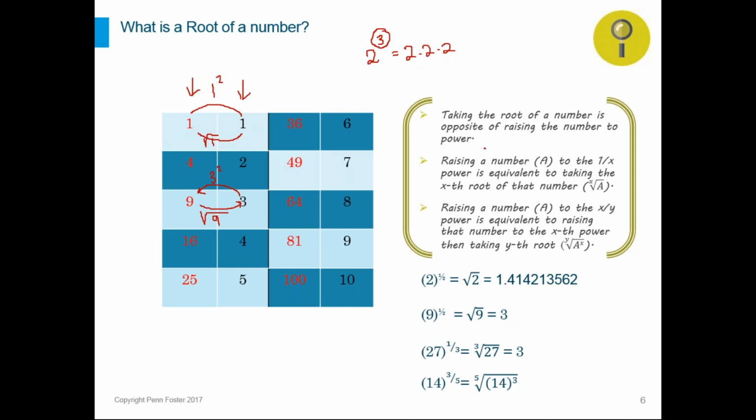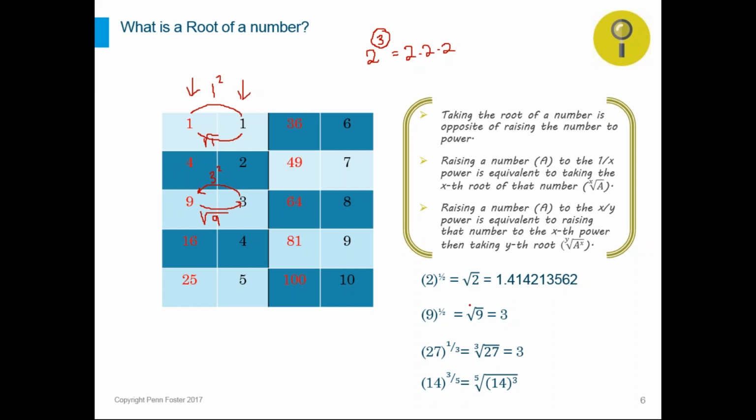And those rules I have on the side of the screen here will summarize the rules I'm going to speak about. So if you raise a number to a 1 over x exponent, 1 over 3, 1 over 4, 1 over 6, you are actually taking the root of that number.